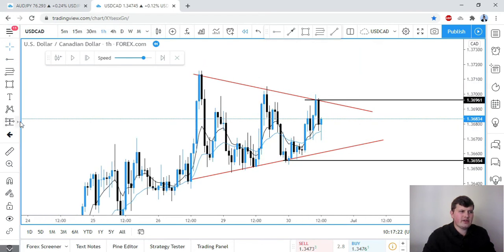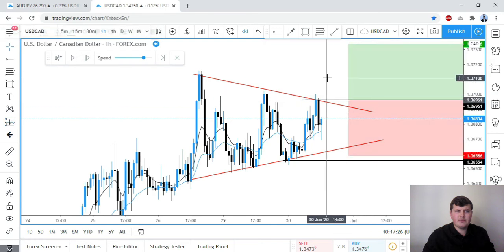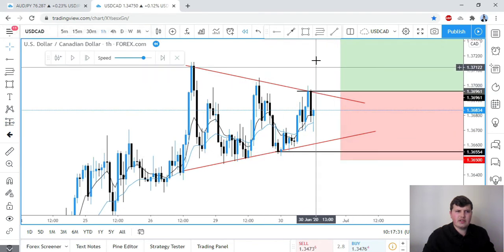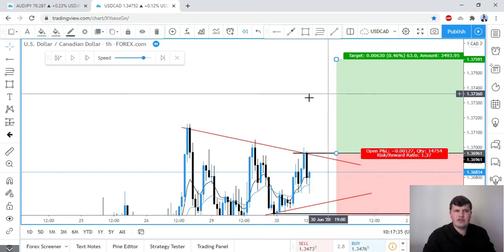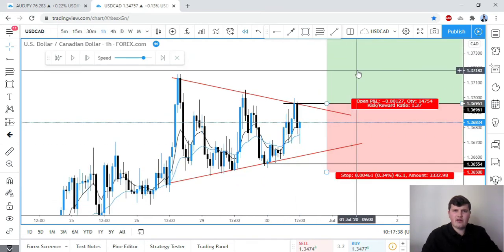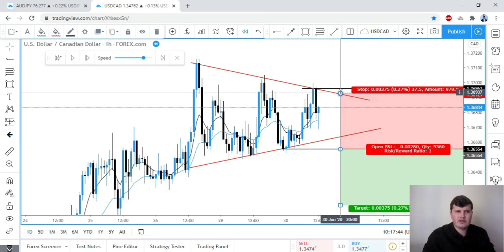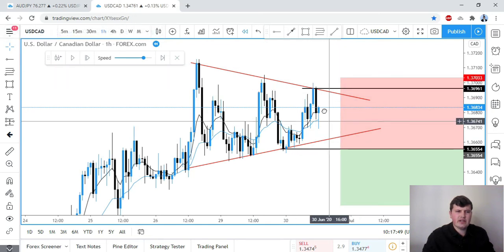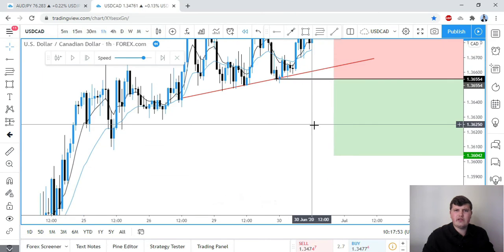So this would have been a good long setup over here with your stop loss below the most recent support, and then you can just pick your own conservative risk to reward area. Or you could have gone for short entries over here, stop loss above the most recent resistance area, and then again your target could have been anywhere you'd like.